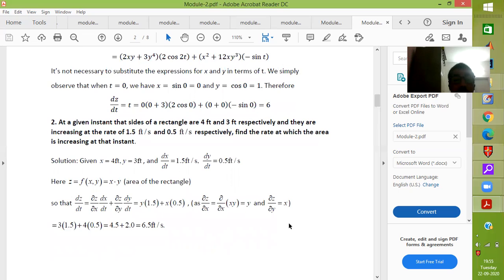So you use all the data available for you, plug in the values, and you get 6.5 square feet per second. So the area is increasing at this particular rate for those dimensions and for those rates of increase in the dimensions.